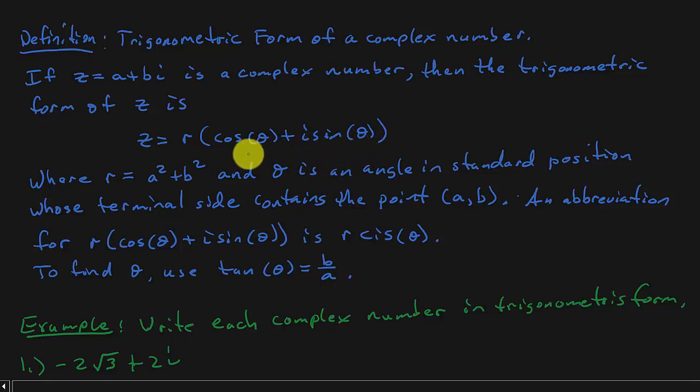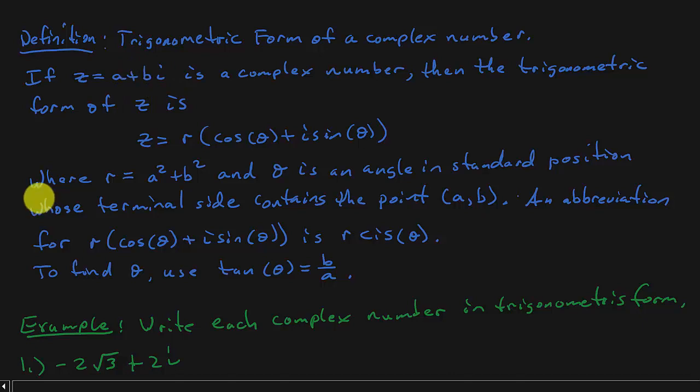This r cosine theta plus i sine theta is the trigonometric form of this complex number, where r is equal to the square root of a squared plus b squared. That's how we find r. You might have guessed by now, we're going to convert from this form to this form, and from this form back to this form.